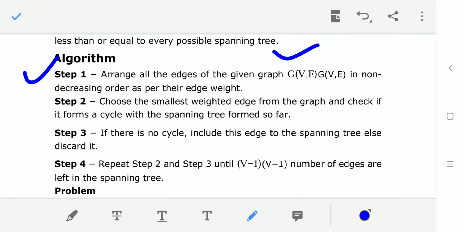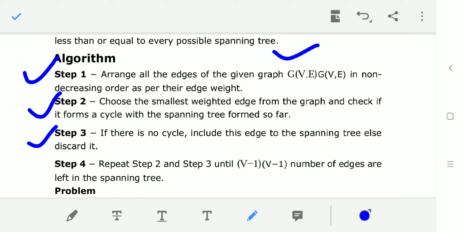Step number 1. Arrange all the edges of the given graph G(V, E) in non-decreasing order as per their edge weight. Step number 2. Choose the smallest weighted edge from the graph and check if it forms a cycle with the spanning tree formed so far.